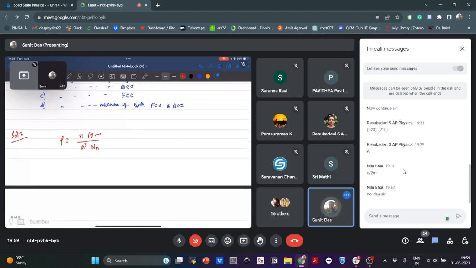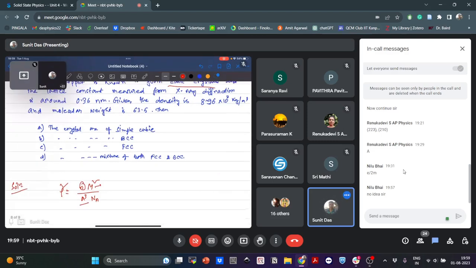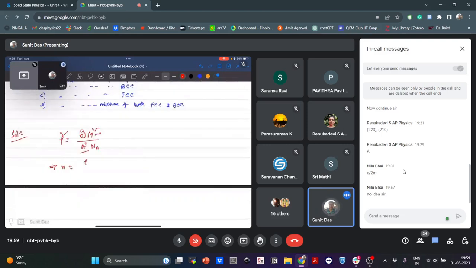Every other thing is given: density, M, and a. So what we need to find is n. So n will be rho a cubed N_A divided by M.